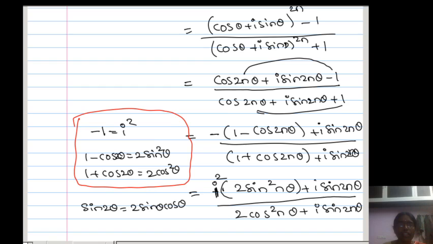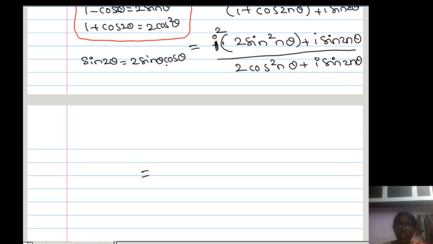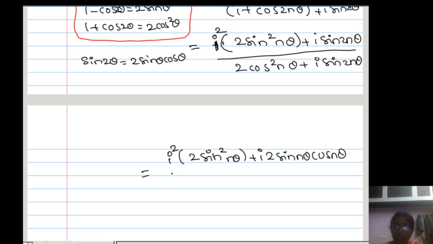So I write i square, 2 sin square n theta plus i sin 2n theta written as 2 sin n theta cos n theta, by 2 cos square n theta plus i 2 sin n theta cos n theta.